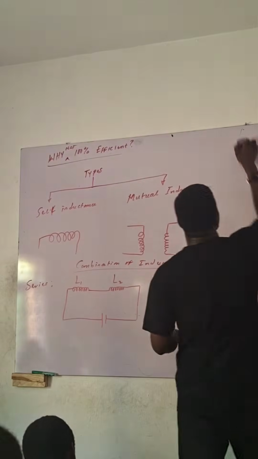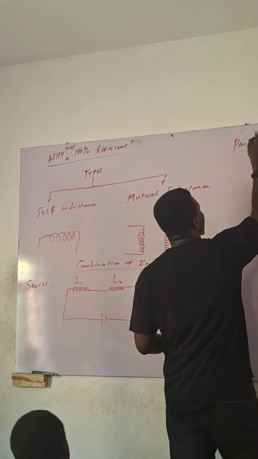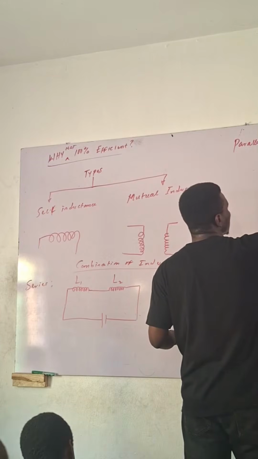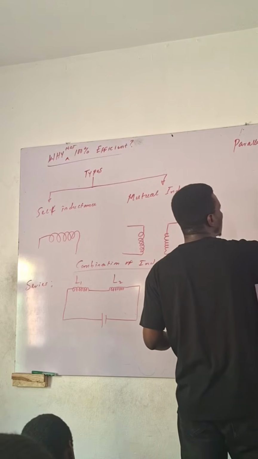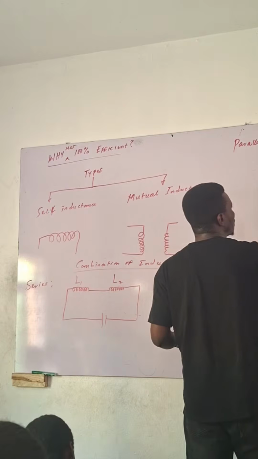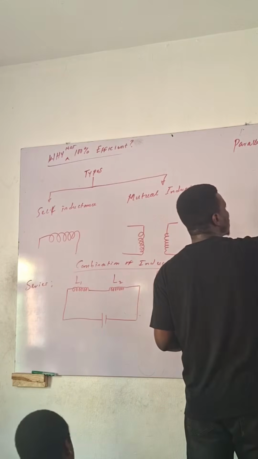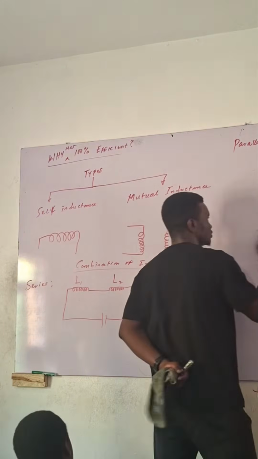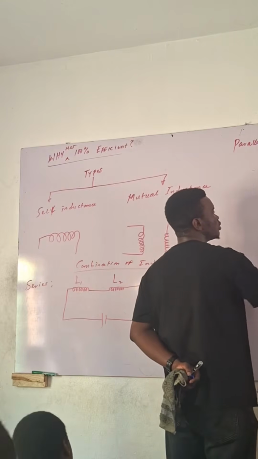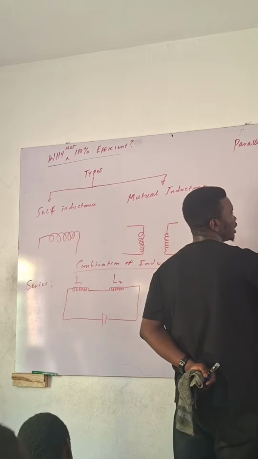So for parallel, when you combine inductors in parallel, this is L1, L2. That means 1 over L total is going to be 1 over L1 plus 1 over L2.